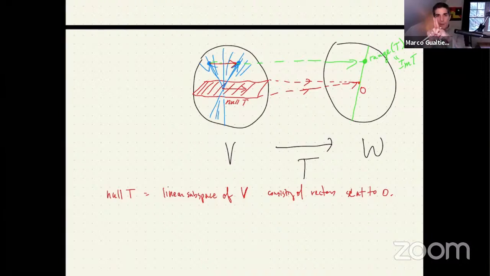And if that happens, that means that when I apply the linear map to this vector, it will give you a certain vector, and if I apply it to this vector, it gives the same thing.